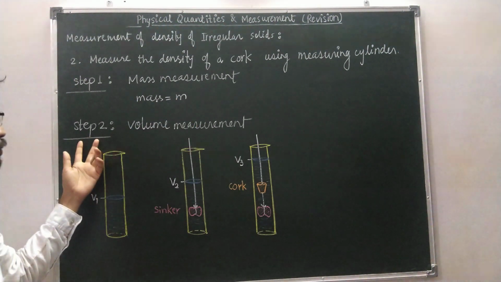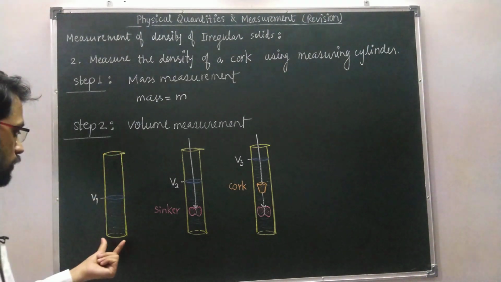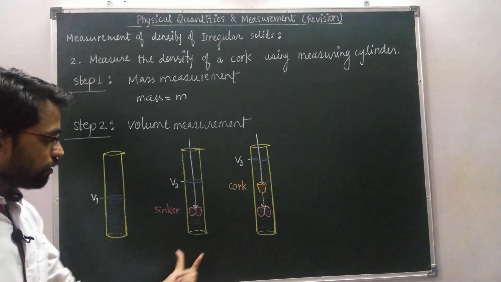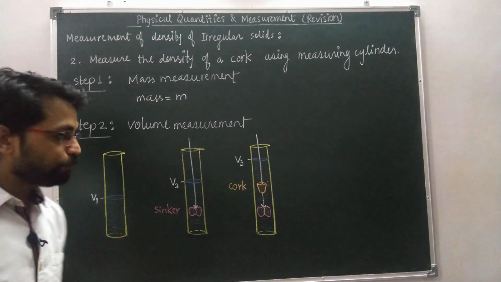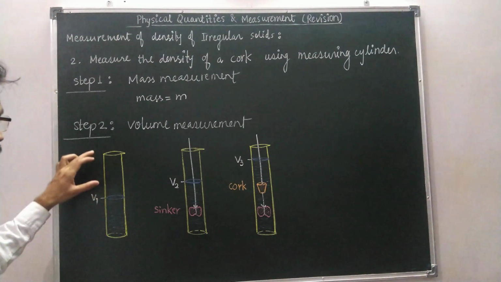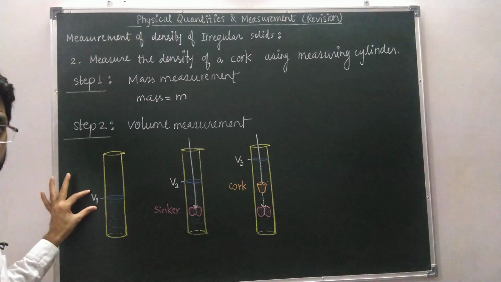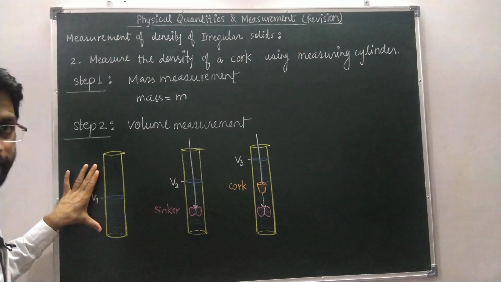Now in step number 2 we measure the volume of the cork, and the volume measurement also has 3 steps. In the first step we take a certain volume of liquid in a measuring cylinder.